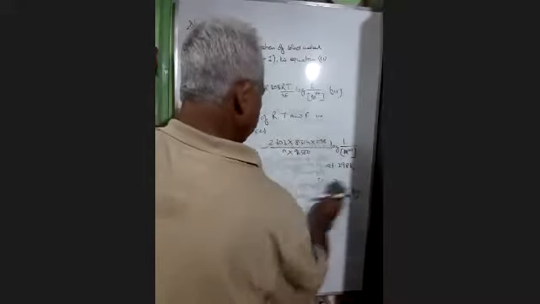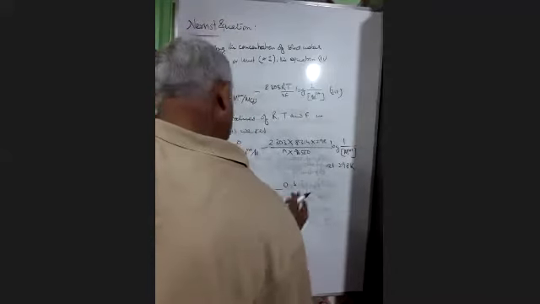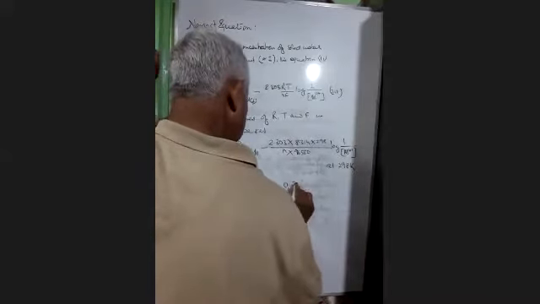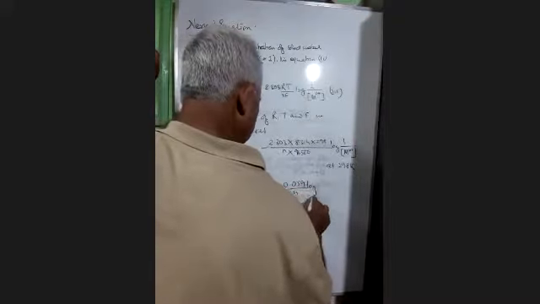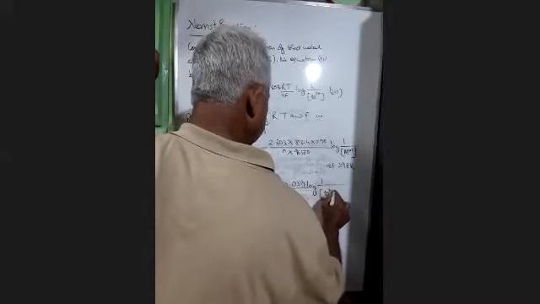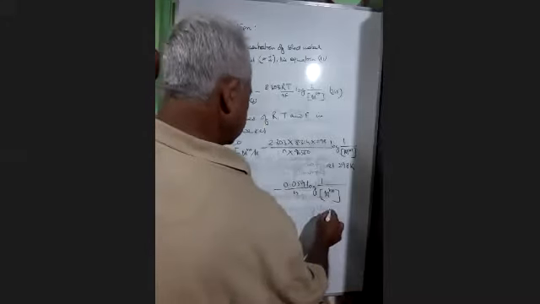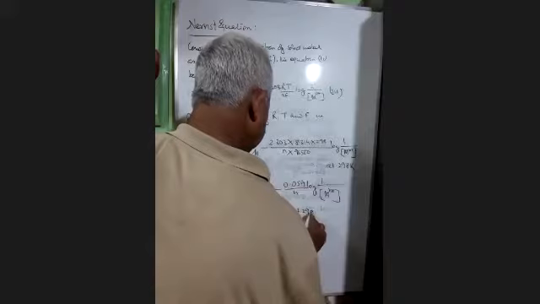So ultimately what we have, you'll find, is equal to 0.059 by n log 1 by Mn plus. This is equation 4, at 298 Kelvin. Okay.